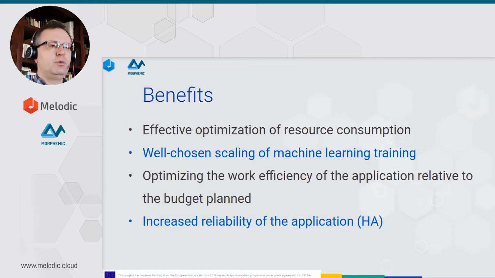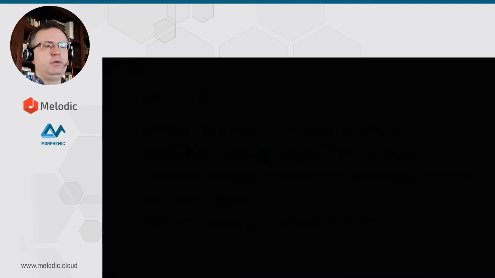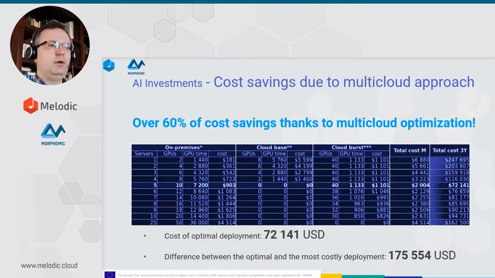Also, we can control the budget because we can optimize the time under budget constraints, so as not to exceed the usage of cloud resources. And it also increases the reliability and high availability of the application because in case of failure of one component, Melodic deploys an additional one.